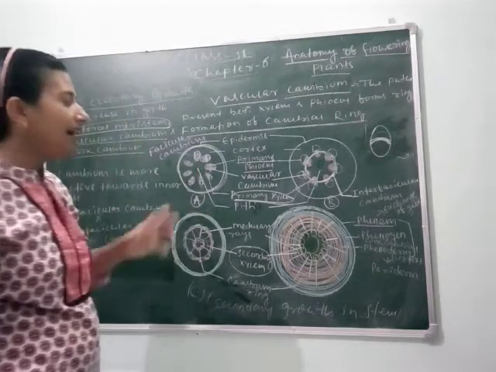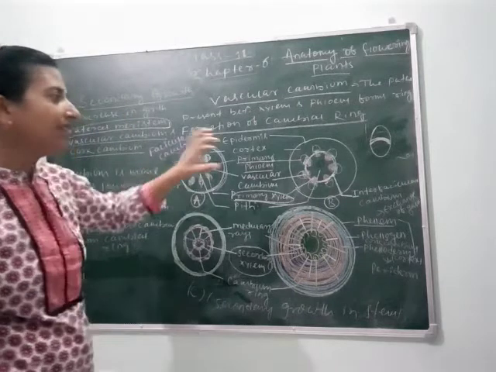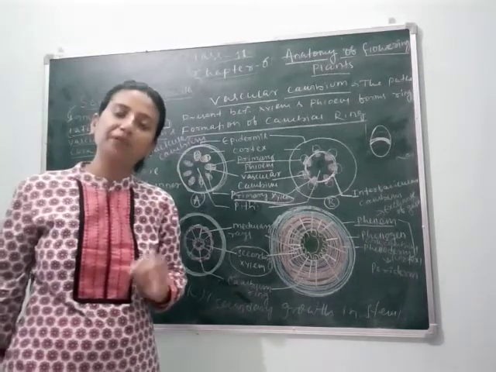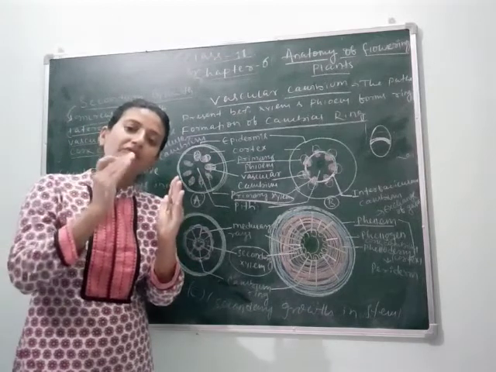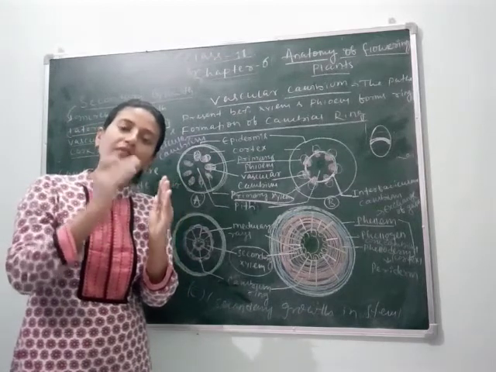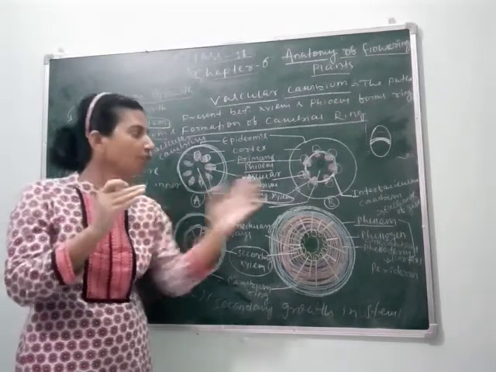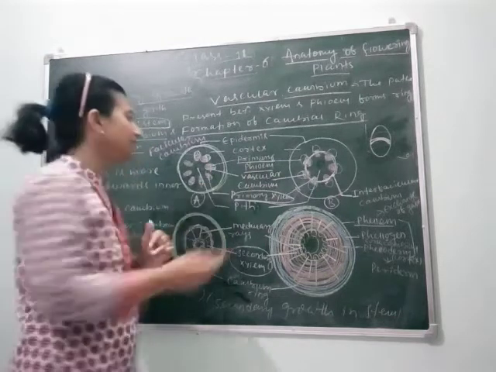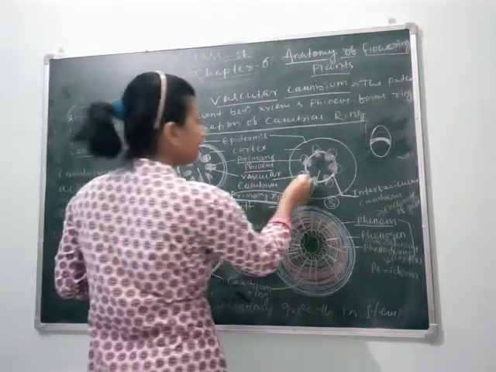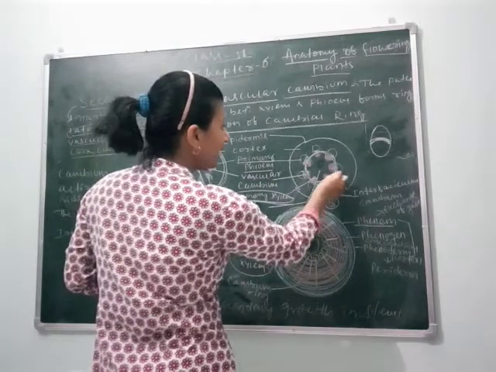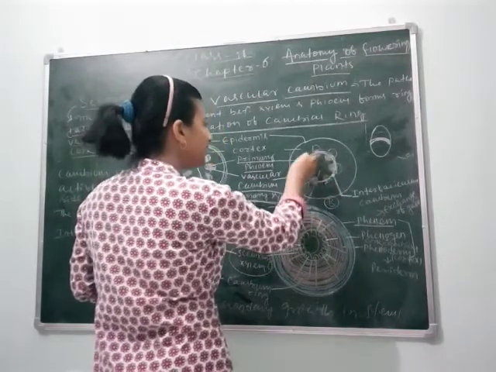Clear? And how is the cambial ring formed? By the help of interfascicular cambium. Interfascicular cambium joins two vascular bundles or two cambiums with each other. Clear, students? So here the vascular cambium is joined by interfascicular cambium and the ring is formed.